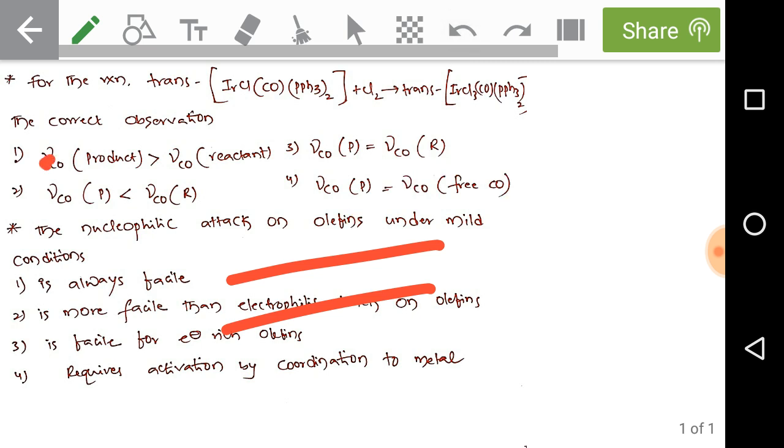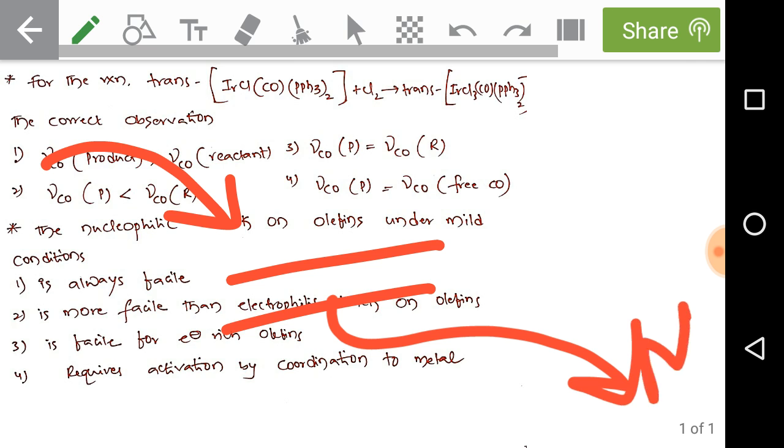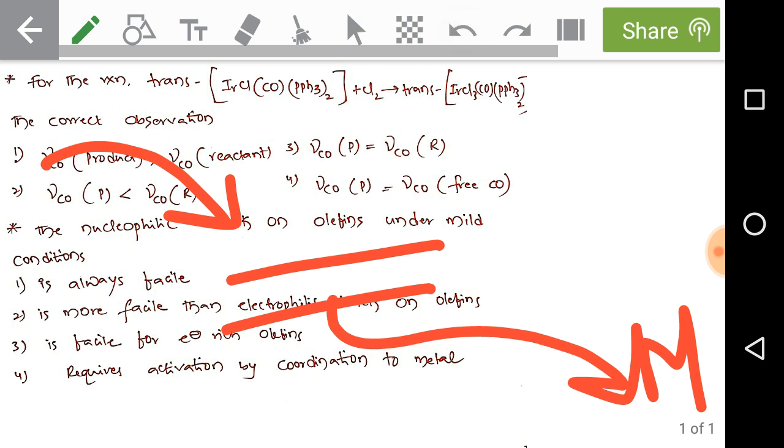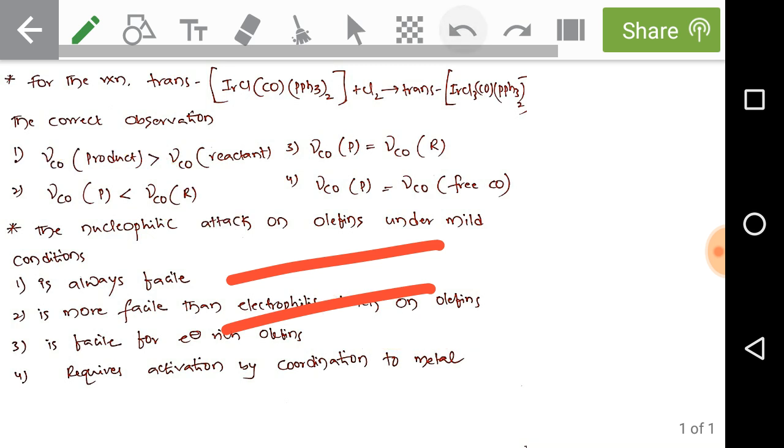So for an external nucleophile to attack a normal alkene, the alkene should coordinate with metal. In that case, the electrons are dragged onto the metal. So that's why an external nucleophile can attack. That means here the nucleophilic attack on olefin requires activation by coordination to metal. Okay, so the fourth option is the correct answer.